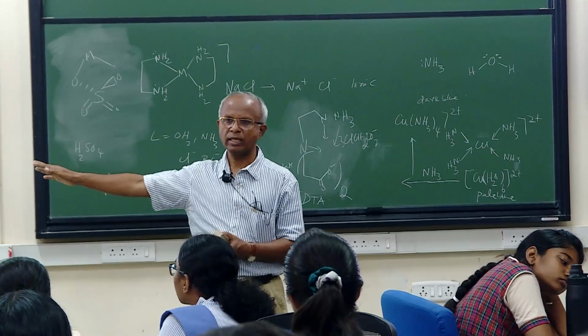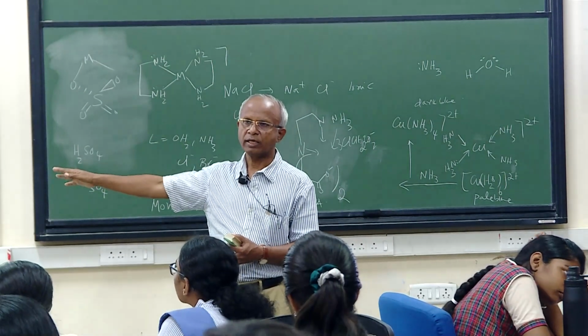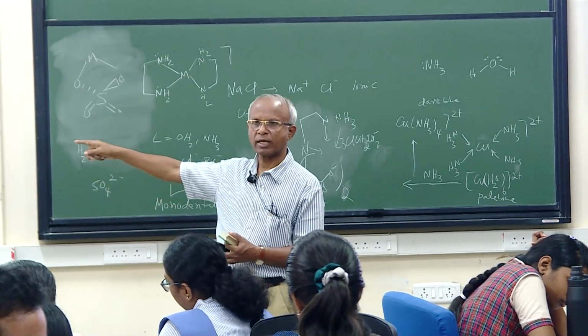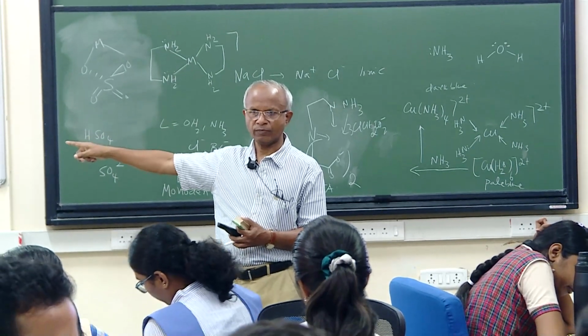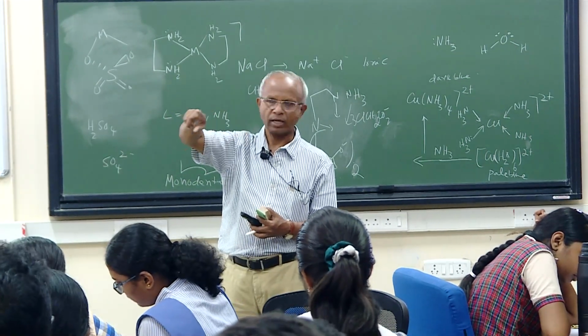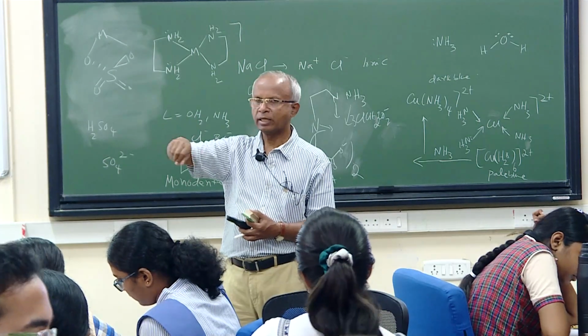Yeah. So I will not go into the details of different colors. You have to understand the bonding theory, which you probably will be able to do in your 12th class.